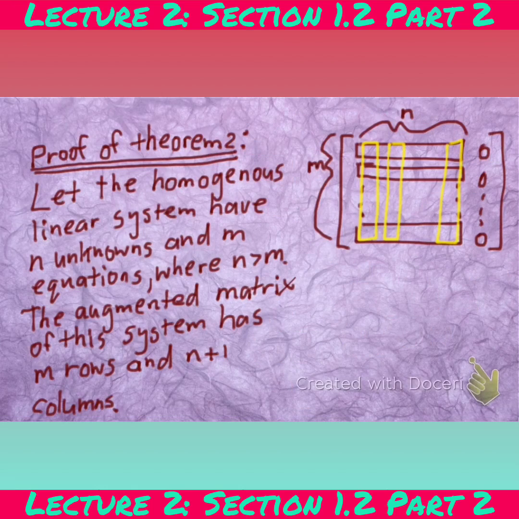If we then draw the structure of this matrix, the yellows indicate the number of columns, and m corresponds to the number of rows. If we look at this matrix and write down the reduced row echelon form, what is the largest number of non-zero rows that I can get?